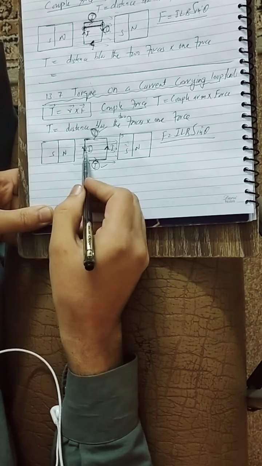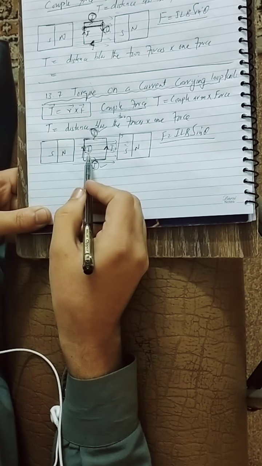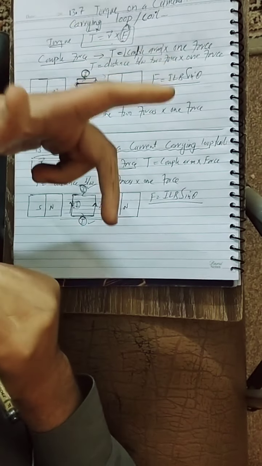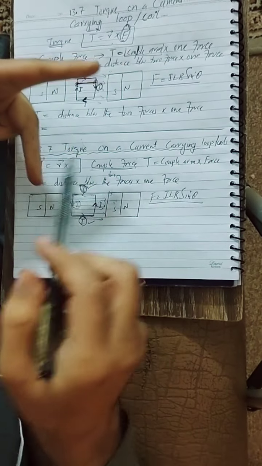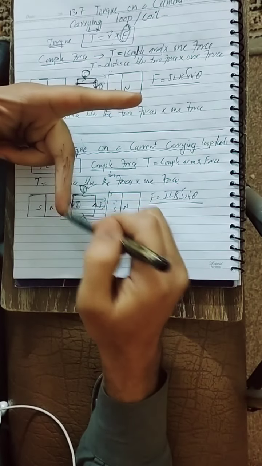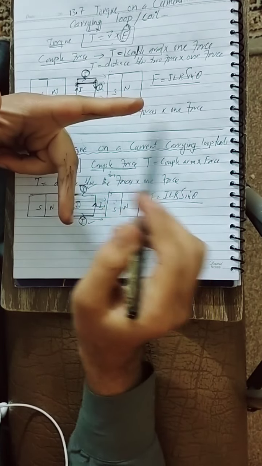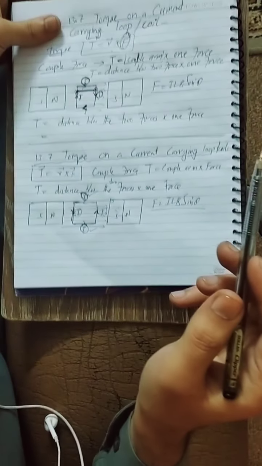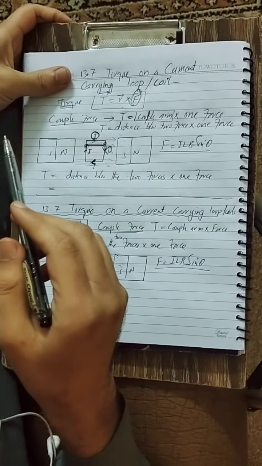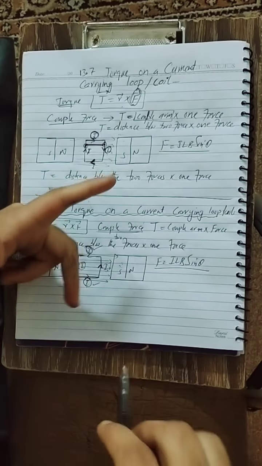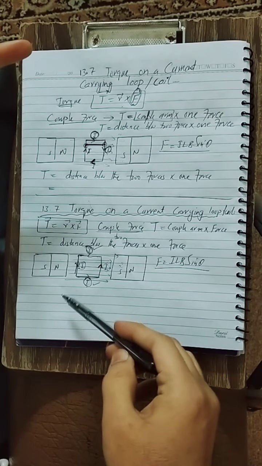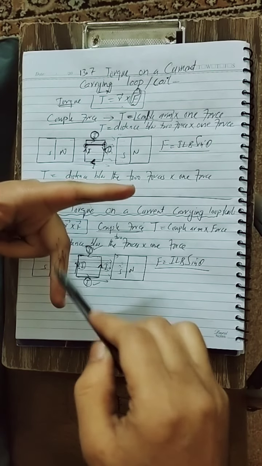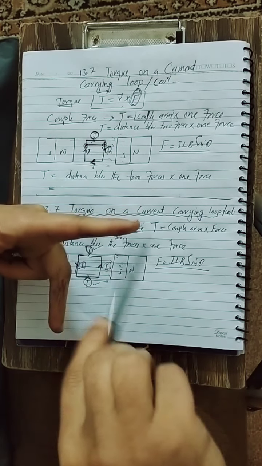Now I want to find the direction of that magnetic force, and we know that the direction of magnetic force can be found by Fleming's left hand rule. This shows the current, this shows the magnetic field, and this shows the magnetic force. Here the current is downward, so the middle finger is pointing down and the field is towards right.